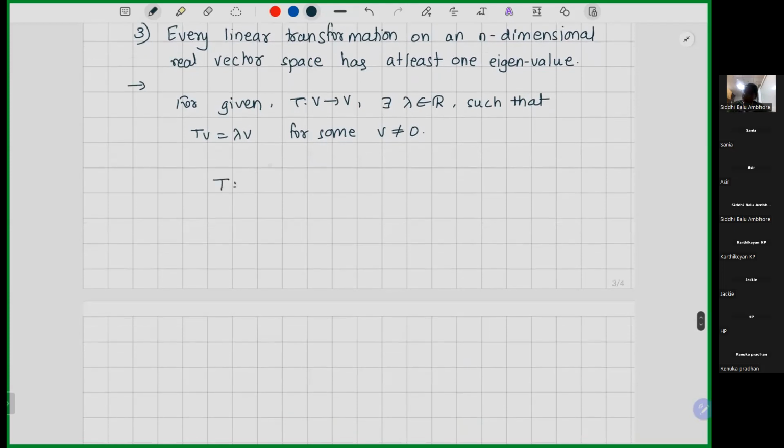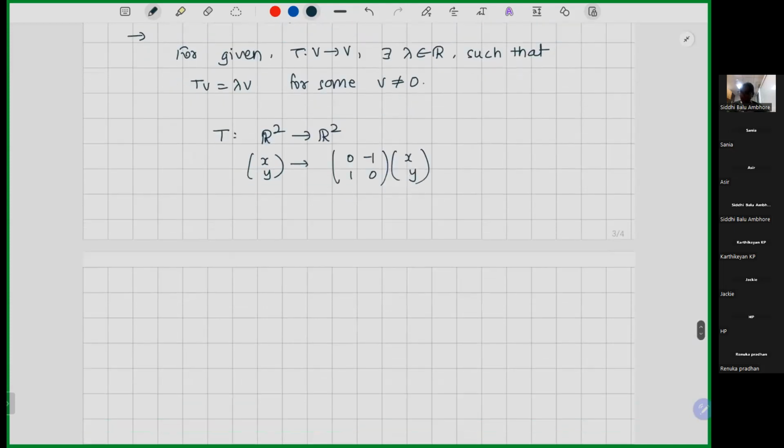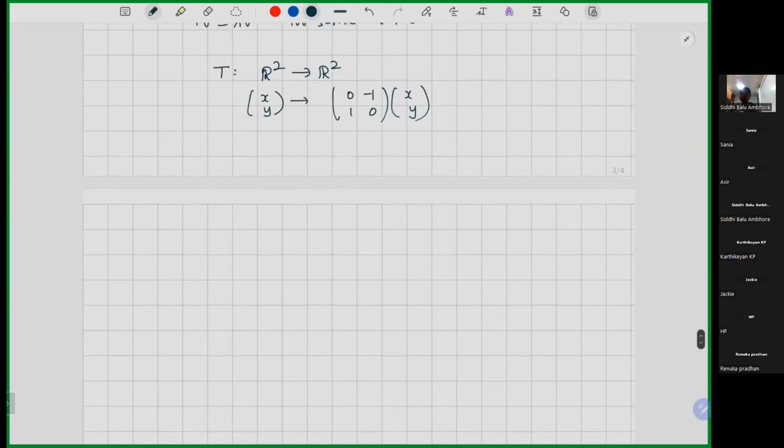So let us take this linear transformation such that (x, y) goes to (0, -1; 1, 0) times (x, y). So by this linear transformation, (x, y) goes to (-y, x), right?